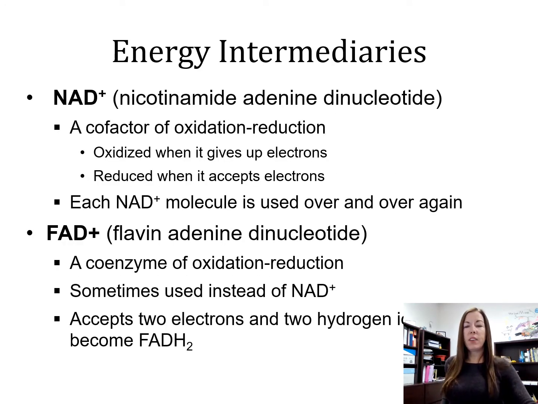Those are very critical energy intermediaries. Not to say they act as ATP, but what they do is pick up electrons along the way through the whole process of cell respiration. At each step they pick up electrons and carry those to the last step of cell respiration, which is the electron transport chain.